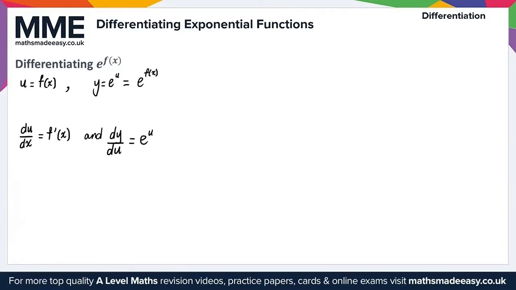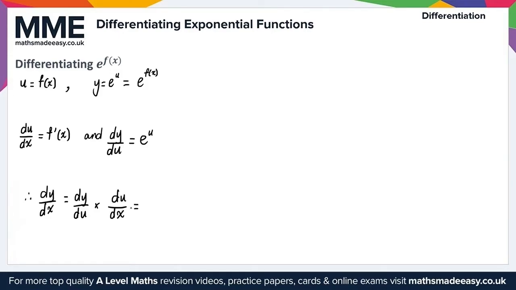Now all we need to do is apply the chain rule. So therefore dy by dx is going to be equal to dy by du times du over dx.